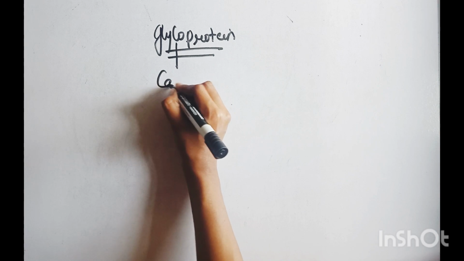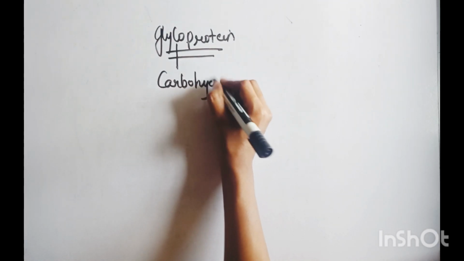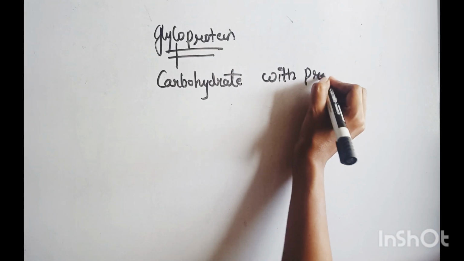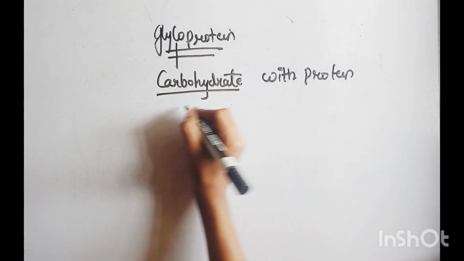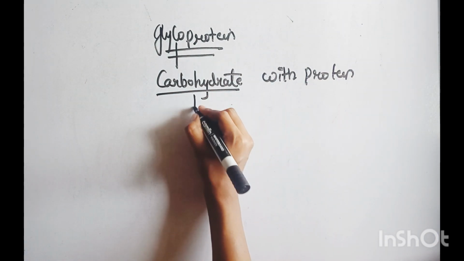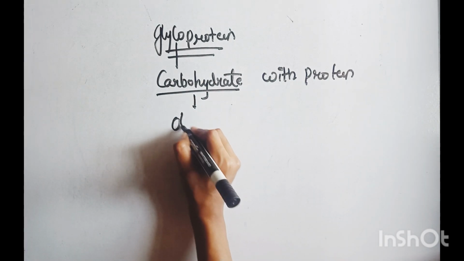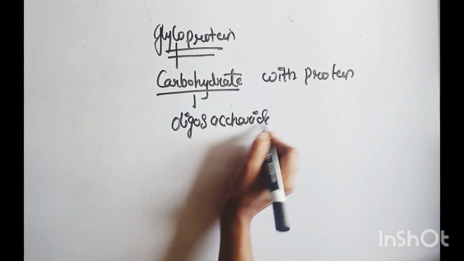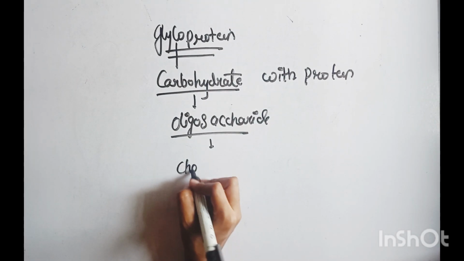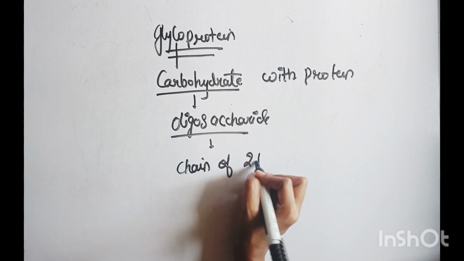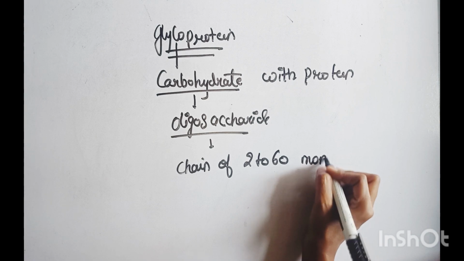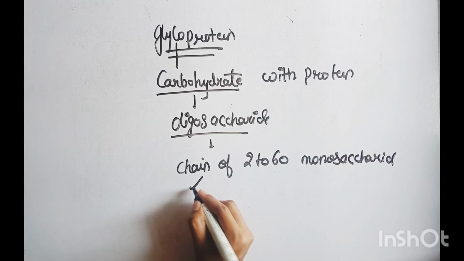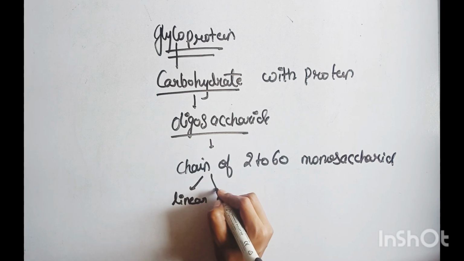Glyco means carbohydrate with protein, and these carbohydrates with proteins are actually oligosaccharides. These oligosaccharides contain a chain of 2 to 60 monosaccharides, and the chain may be a linear chain or a branched chain.